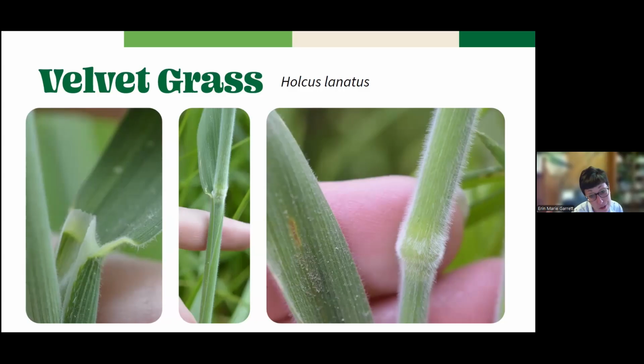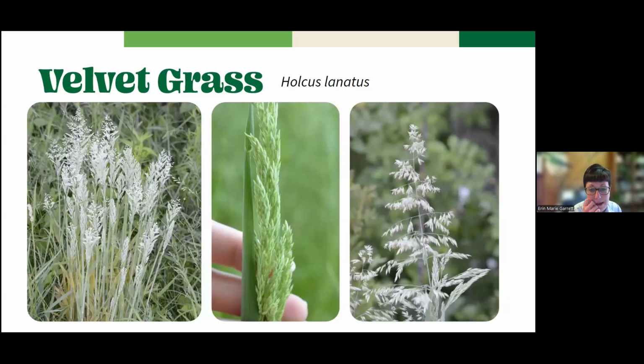Okay, so here's a close-up view. Again, this is just a fun grass. We've got a tall membranous ligule, and then you can see all those velvety hairs, right? We can see here it's on the leaf sheath, but even as we start a new stem tucked in, right? It's hairy, the nodes are hairy, the leaves are hairy. It's just a very soft grass. And then a couple views of that panicle, right?